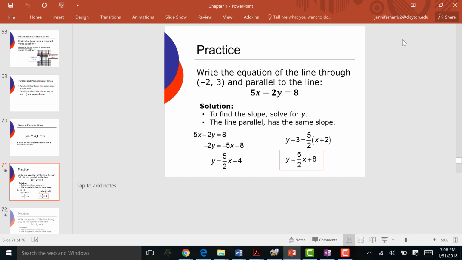My y1 is 3, my m is 5/2, and my x1 is negative 2. Now I'm going to do just like we did with the previous problems and simplify until I get y by itself.